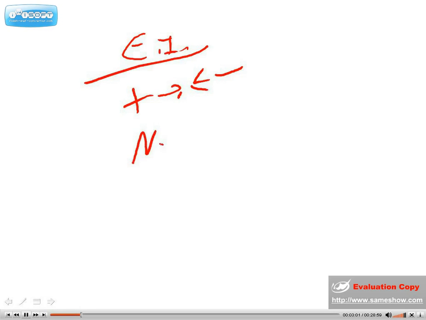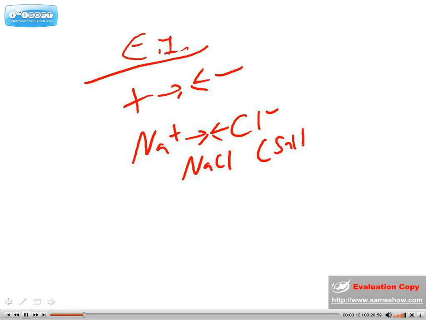So the classic one was from our Chemistry 101, where you have a positive sodium and you have a negative chloride, and they're going to be attracted to each other, forming sodium chloride, opposite charges attraction. This is where we got the name salt.